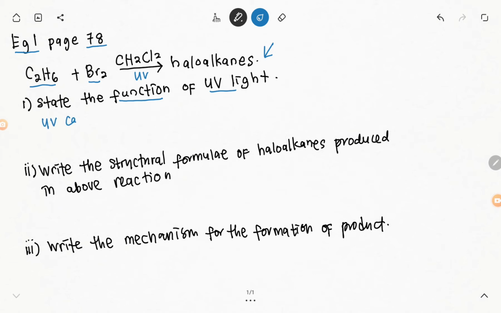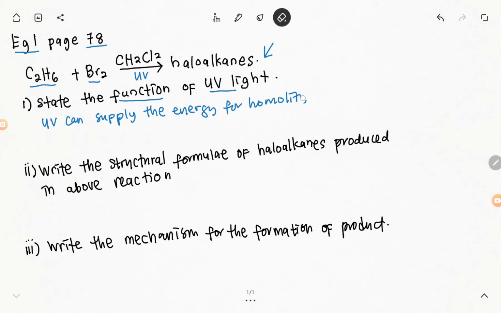UV can supply the energy for homolytic cleavage to occur.